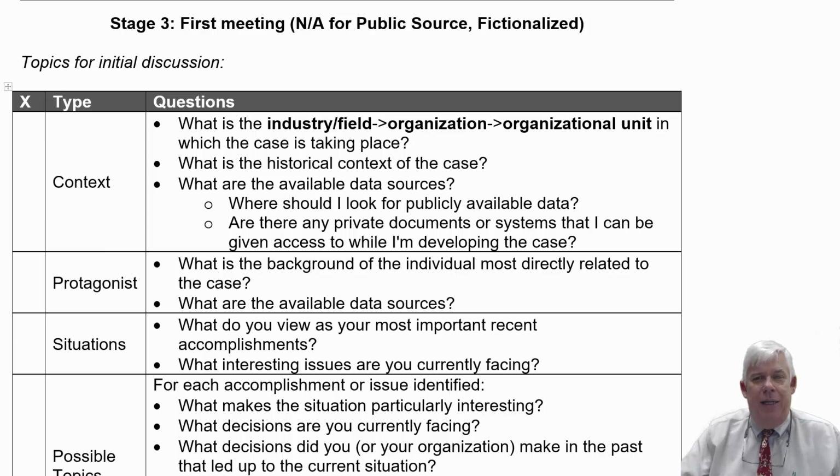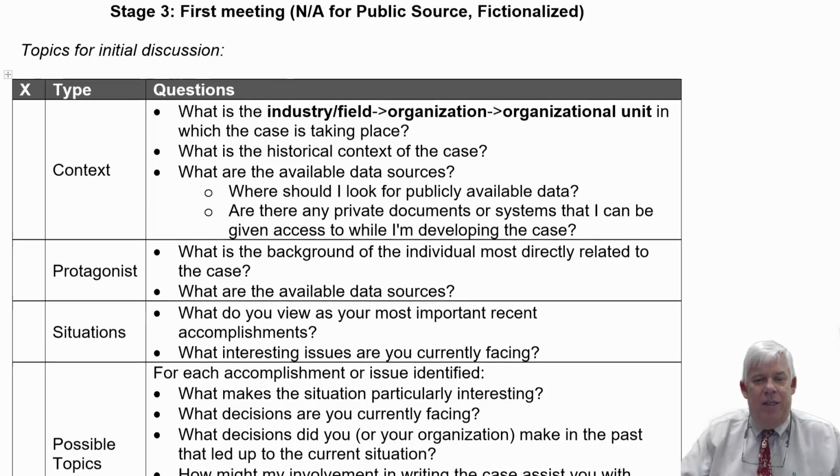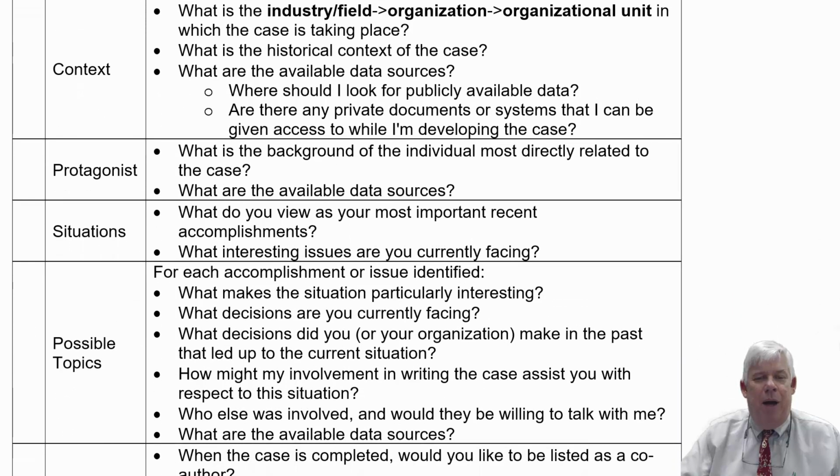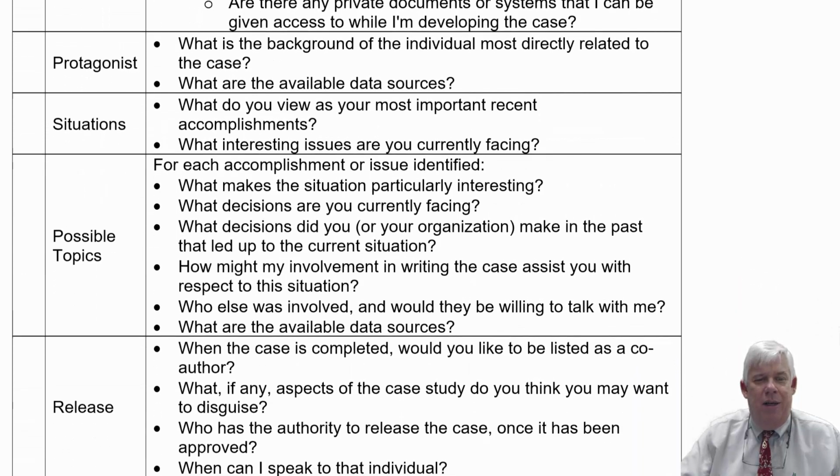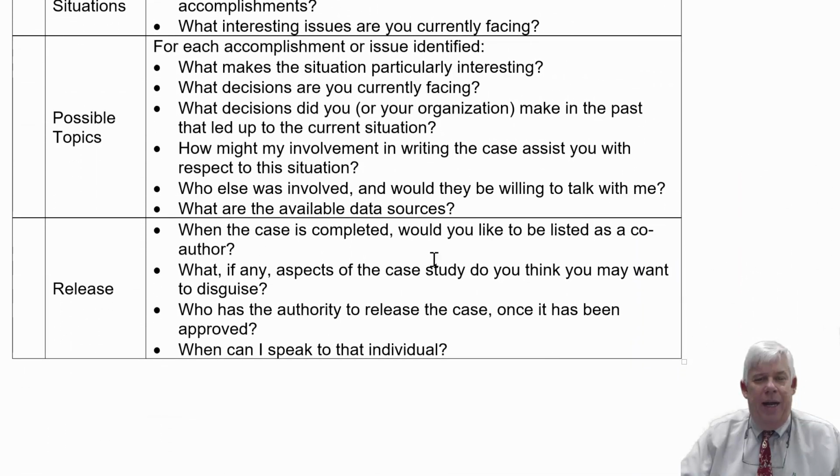Now, another thing that you can focus on is the possible topics for research that might be considered. And when you're doing discussion case research, then what you're mainly interested in is what questions are facing the manager.